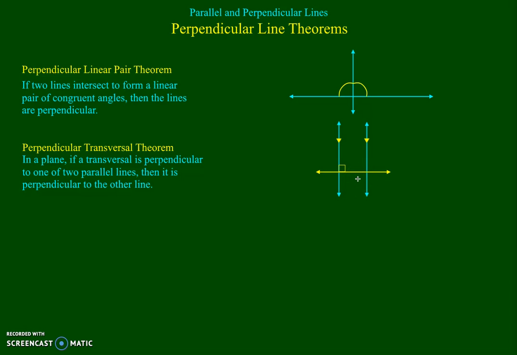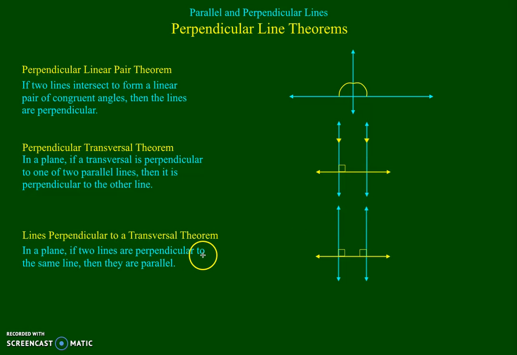All right, the next theorem we're going to talk about is the lines perpendicular to a transversal theorem. It says, in a plane, if two lines are perpendicular to the same line, then they are parallel. So here we have two lines perpendicular to the same transversal.